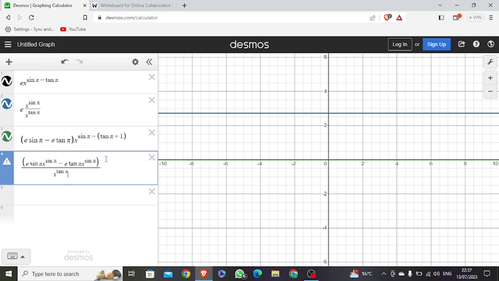Okay. Times x, or plus 1. There you go. And this looks like an absolute nightmare, but I assure you this should, let's hope this is correct.